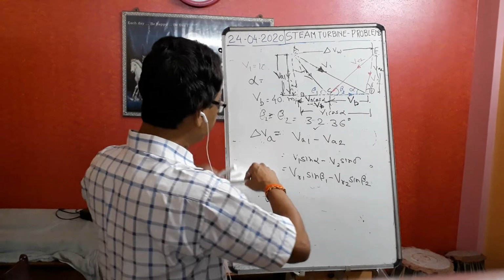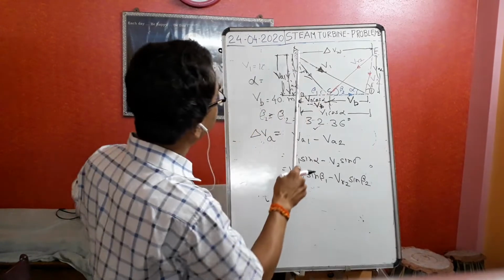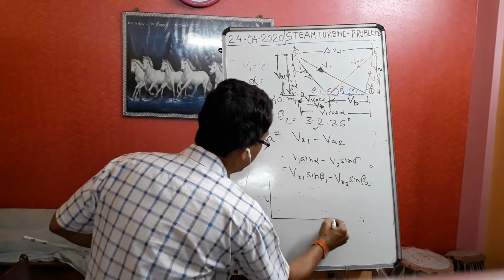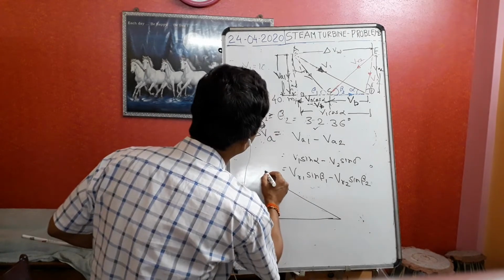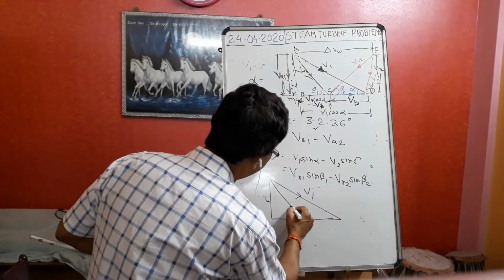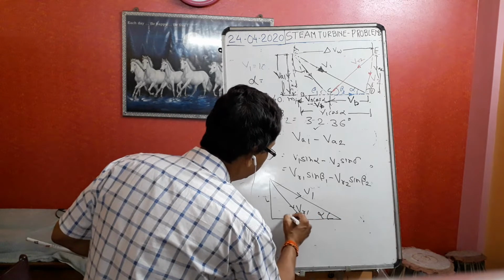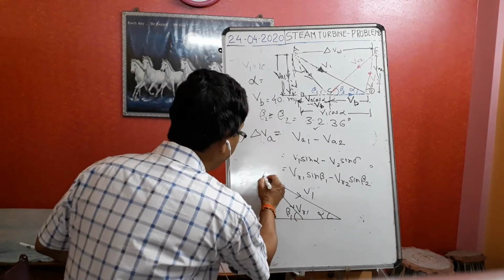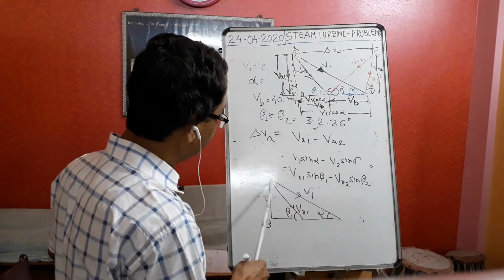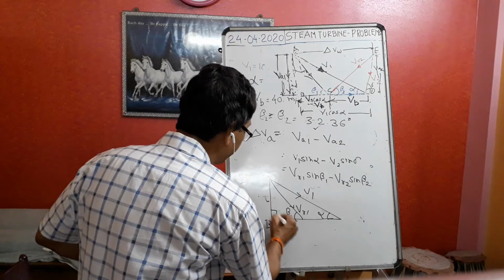এই ট্রায়াঙ্গেল ABD, আমি এই ট্রায়াঙ্গেলটা নিচ্ছি। এটা হচ্ছে V1, তাই না? আর এটা হচ্ছে VR1। এই অ্যাঙ্গেলটা কত? আলফা। আর এটা কত? বিটা 1। তাহলে AB কত হবে? If I consider this bigger triangle, this is V1, this is the perpendicular. তাহলে এই সাইডটা কত হবে?